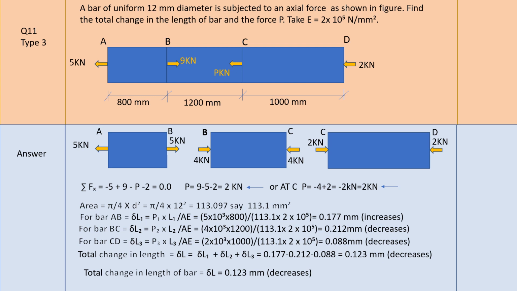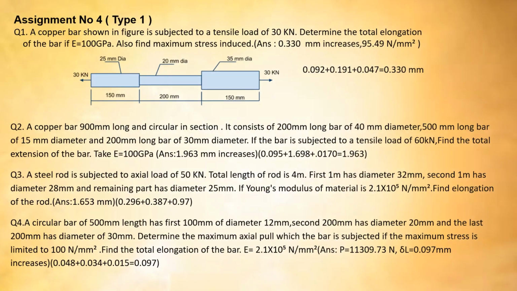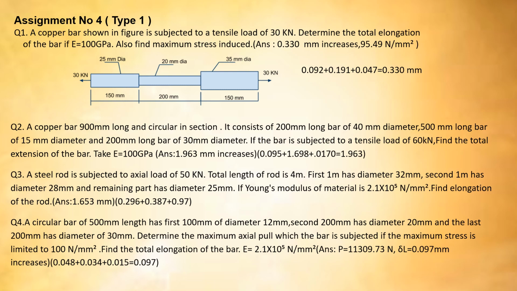Here I am giving the next assignment number 4, and here all the problems are of type 1. Question number 1, a copper bar shown in figure 1 is subjected to a tensile load of 30 kilonewton. Determine the total elongation of bar if E is equal to 100 gigapascal.